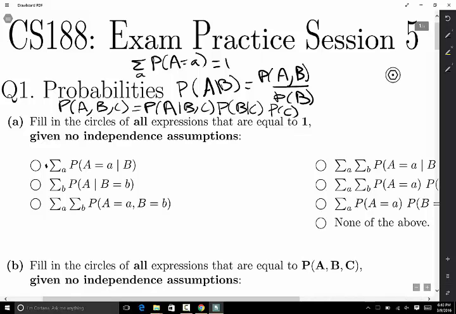So for the first option, this looks very similar to our law of total probability, except that we have a conditional on B. Turns out the conditional on B doesn't matter.